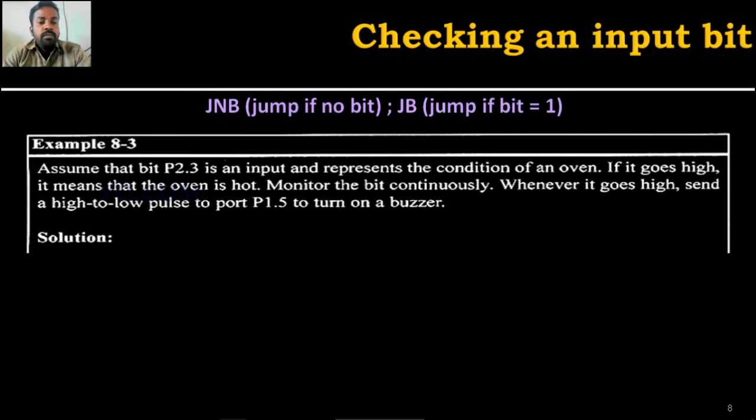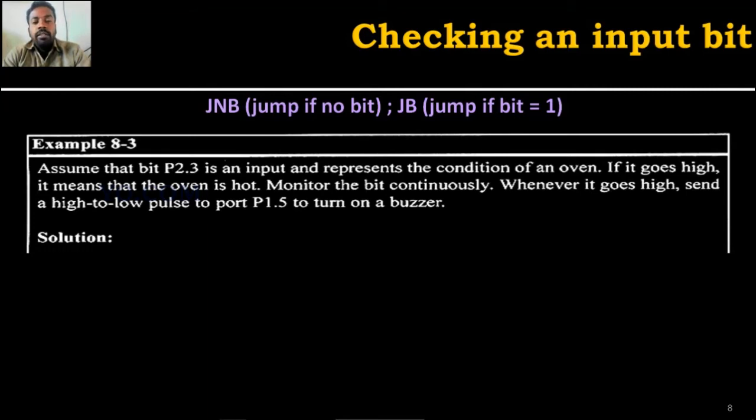The problem is: assume that port 2.3 is an input and represents the condition of an oven. If it goes high, it means that the oven is hot.